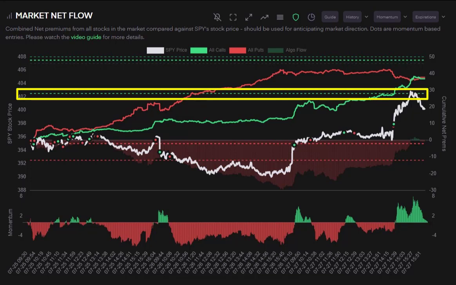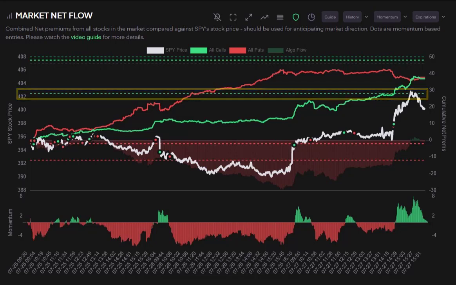I've talked about this in other videos and podcasts that SPX often respects the quarter strikes, which in this case would be 4025, 4000, 3975, 3950. The next higher GEX level is up around 407, which is approximately 4075 on SPX.